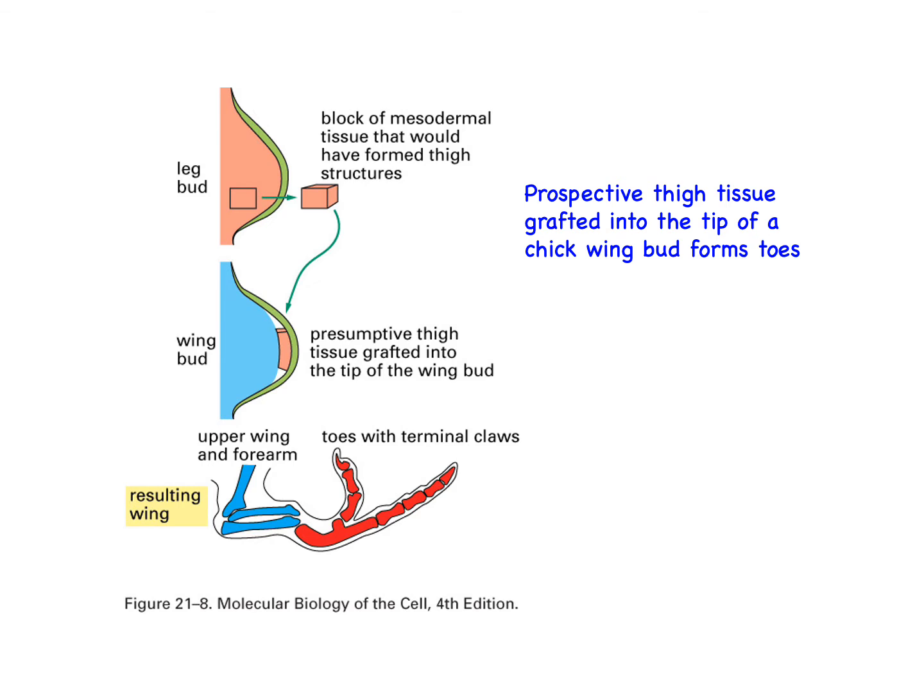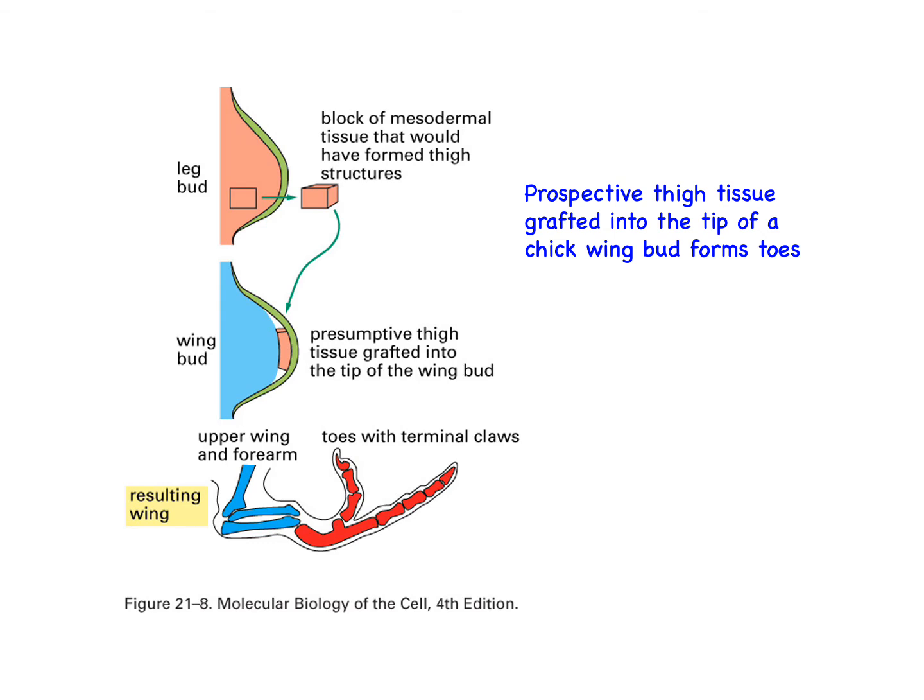If we take some of those cells out and put them into the wing bud, a group of cells that are going to develop into the wing, what we find is that the adult chick has developed foot-like or claw-like features at the end of the wing, where the wing should be.